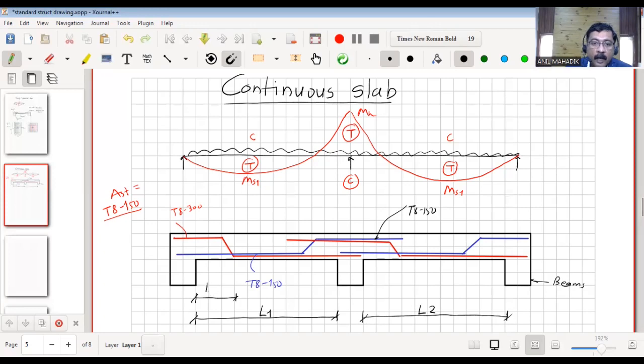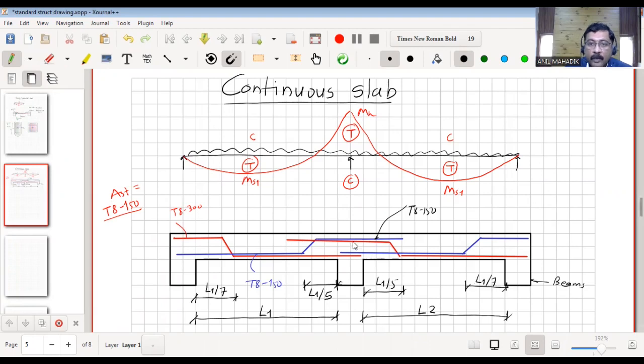So this will be L1 by 7 due to end support, simple support. As this is a continuous end here, as per code it will be L1 by 5. In the continuity zone, we take it as L1 by 5. And at the end support, we take L1 by 7.